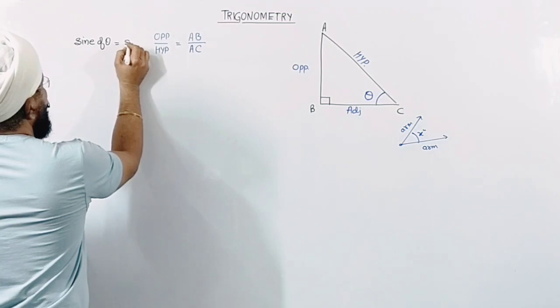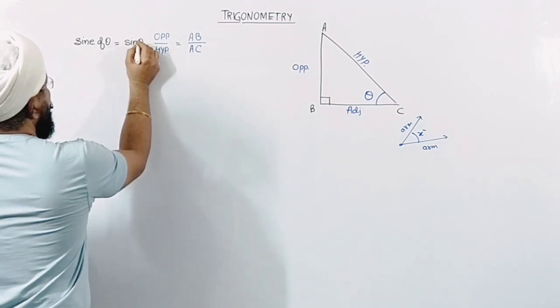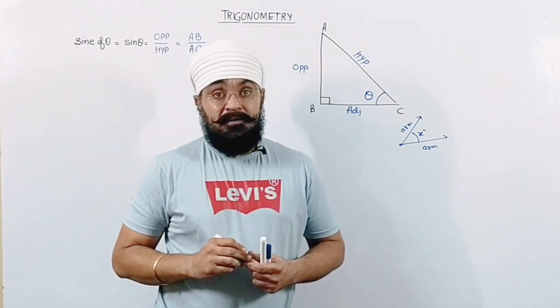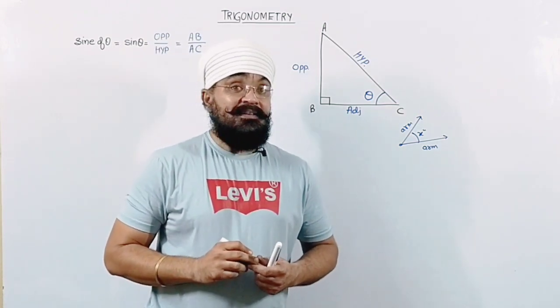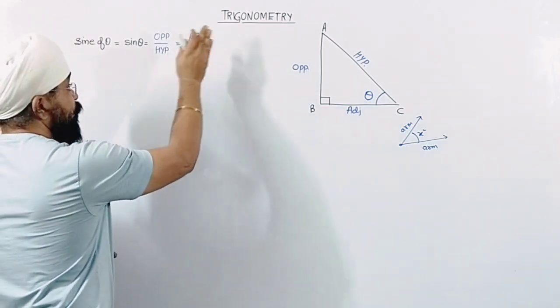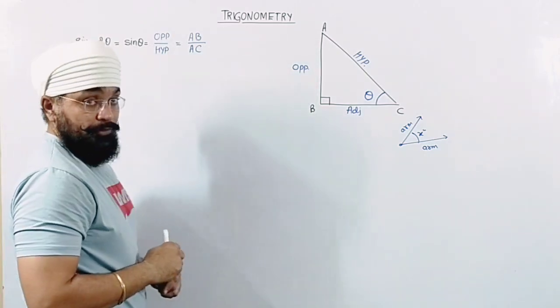In short, we write sin theta. Don't spell it as sin, it is sine theta. So sine theta is the relationship of the opposite side and the hypotenuse.